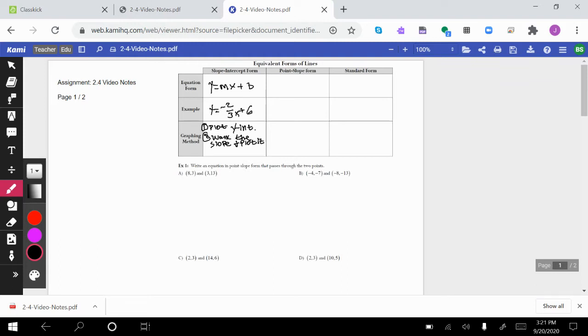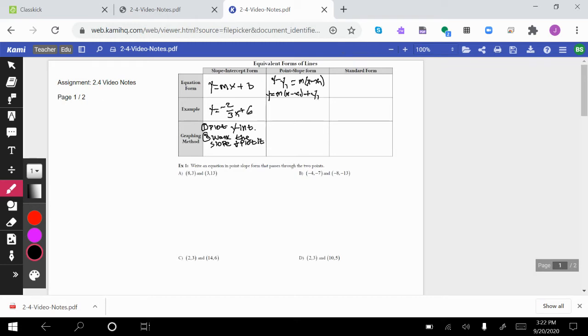Okay, so we have point slope form as well. There are two ways to write this. We can either do y minus y1 equals m, so there's our slope, times x minus x1, which is the more traditional form, or we can write it in this transformation notation, which would be y equals m times x minus x1, plus y1, right?